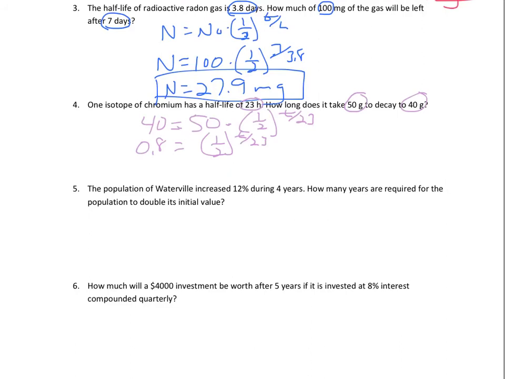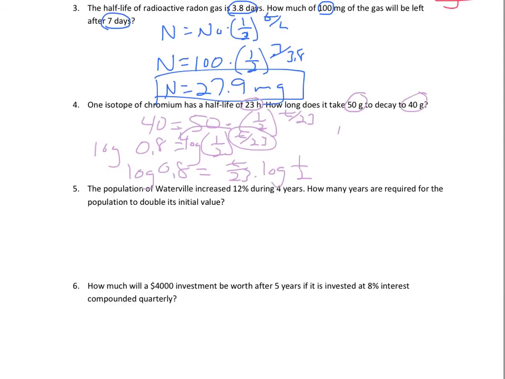All right, log both sides. Okay, so we could pull our exponent out to make a coefficient. So we'll have log 0.8 equals t over 23 log 1/2. Right, now we have to isolate t, get t by itself, so we multiply by 23, divide by log 1/2.